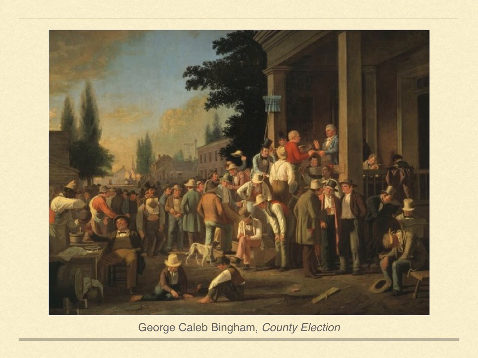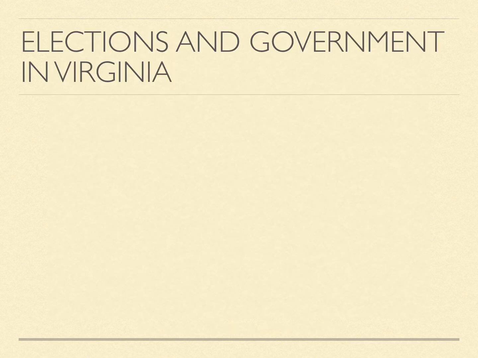Up at the top of the courthouse steps, the building on the right, there is an official who's taking the ballots from people. Everybody's gathered around. There are people drinking, kids hanging out, and dogs running around. It was really like an all-day social gathering for the whole community. But remember, only the free white men were allowed to actually vote.